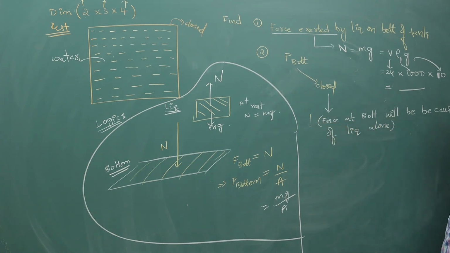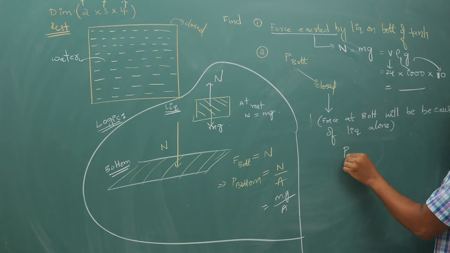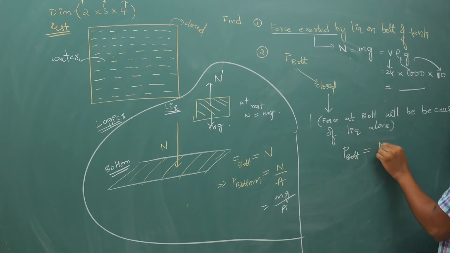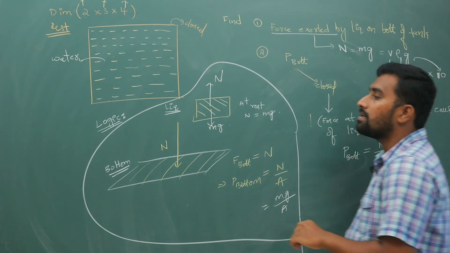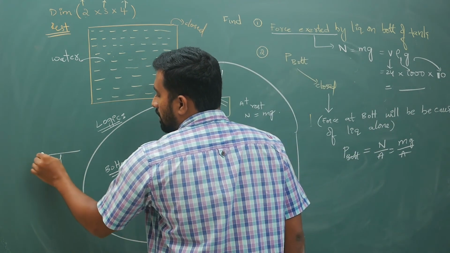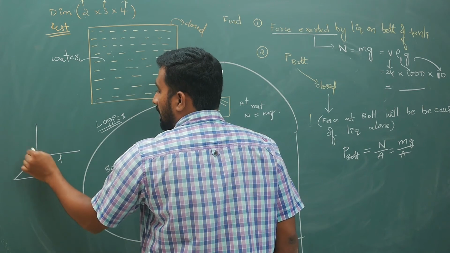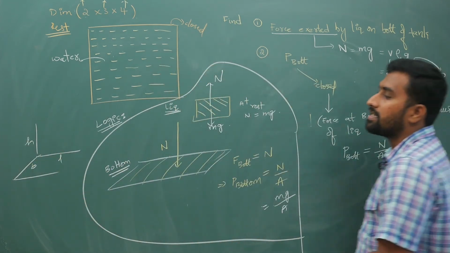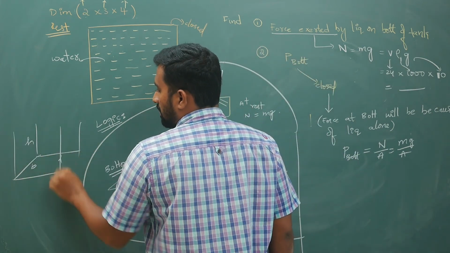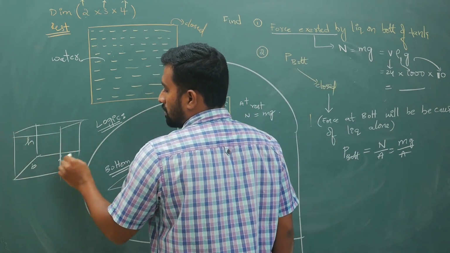So your bottom pressure is normal reaction by area, that is equal to mg by A. Now your bottom area is length into breadth, provided I take length this way, breadth this way and height this way. Your bottom area will be length into breadth for this tank. Hope you are following, no doubts.